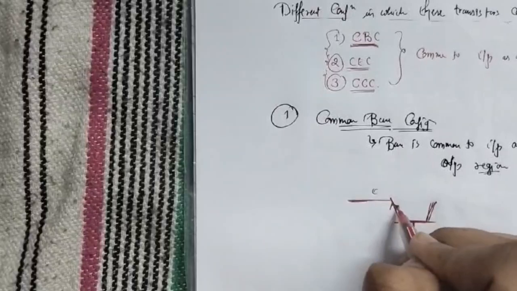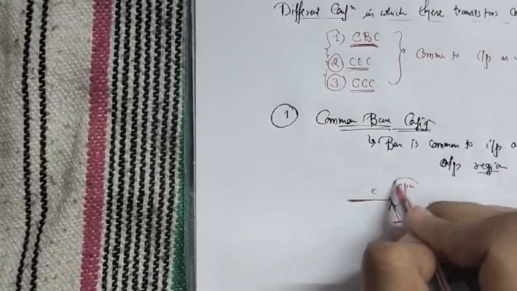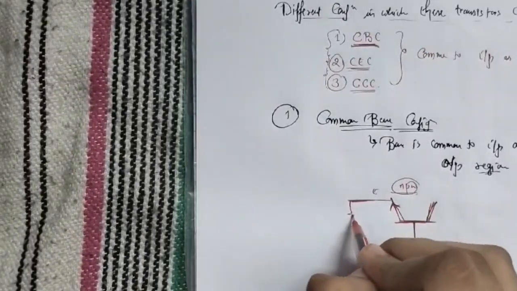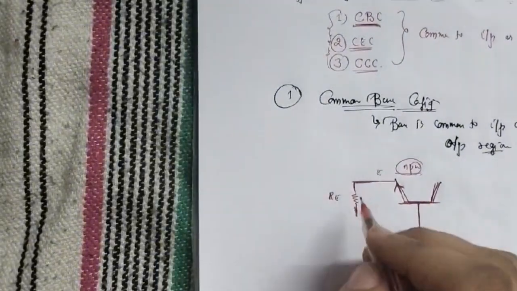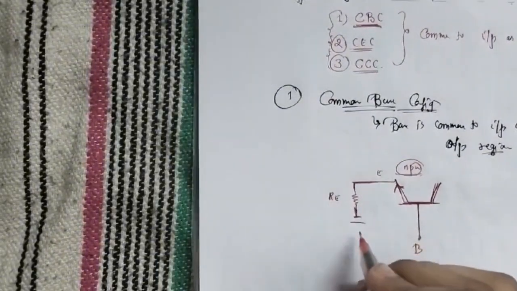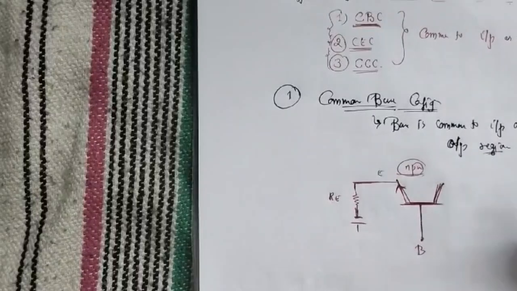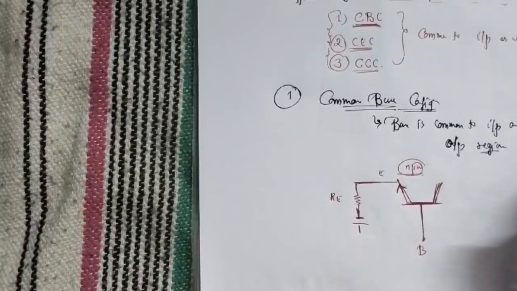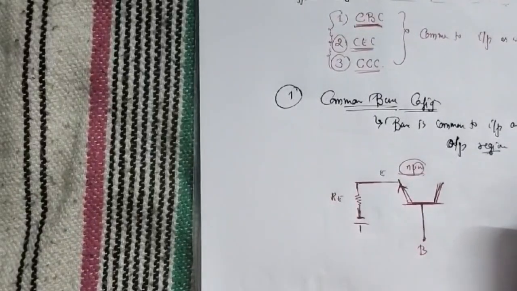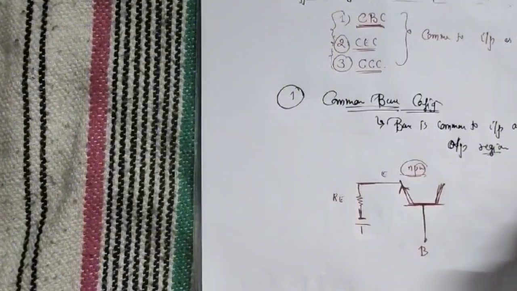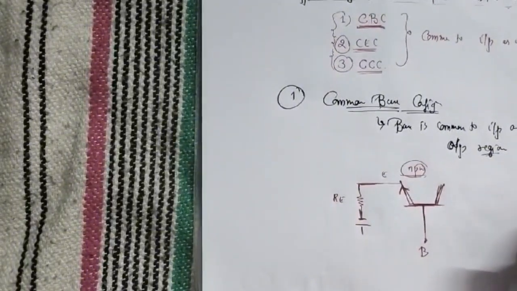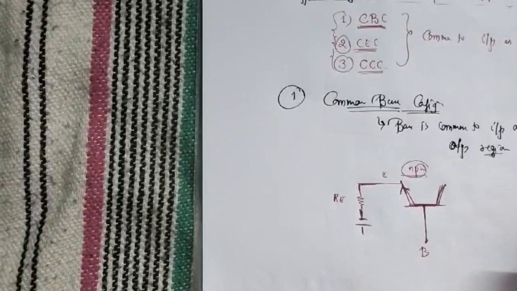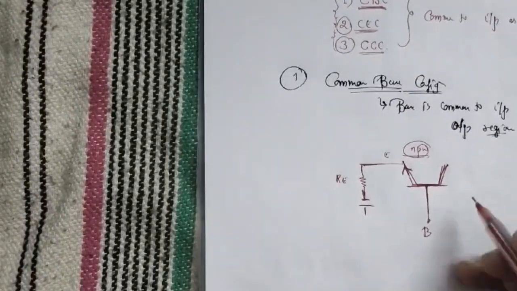Here this arrow indicates that this is NPN transistor. Here we have RE, resistor across the emitter terminal. Okay, so all of these which we are going to read will be in active mode. Active mode means emitter to base we have forward bias and base to collector we have reverse bias. So in this mode we are going to read these three configurations.